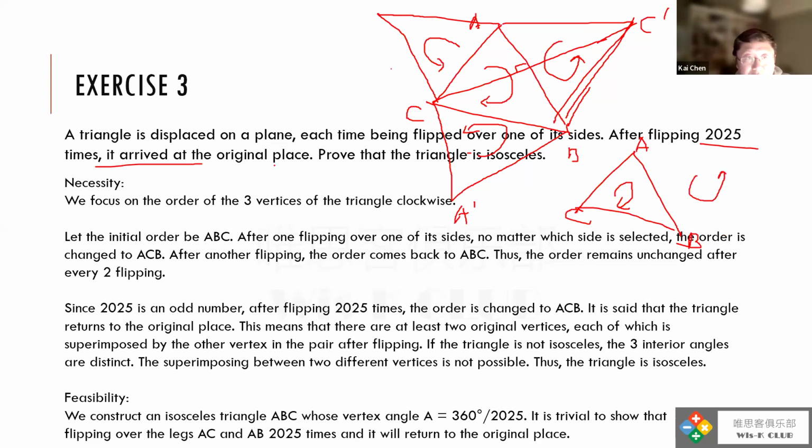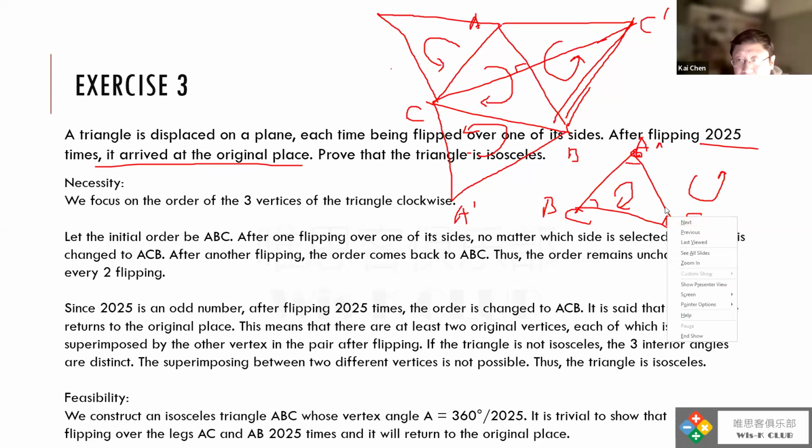But it's said it's arrived at the original place. So I mean that if you have A overlapping with A, and then you should have B, C, something like that. Yeah, instead of CB. So if the triangle is not isosceles, then you have these distinct interior angles. It's not possible.